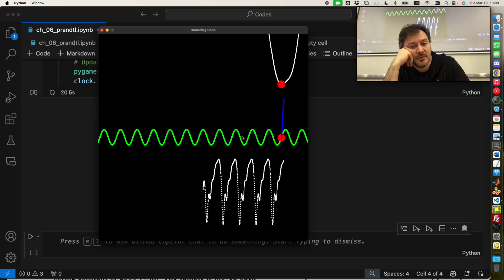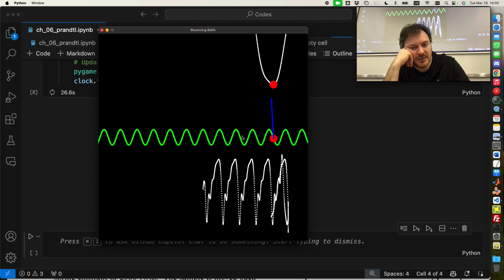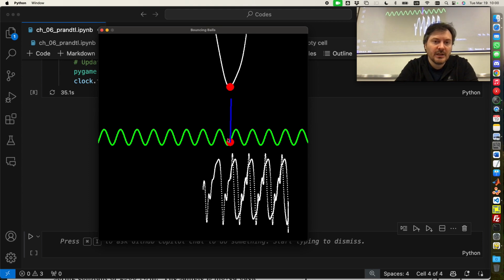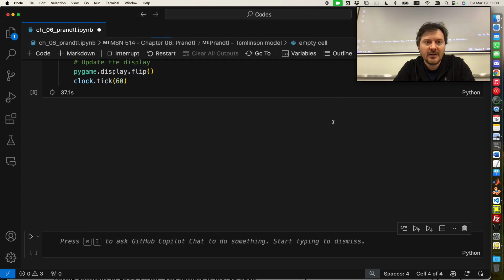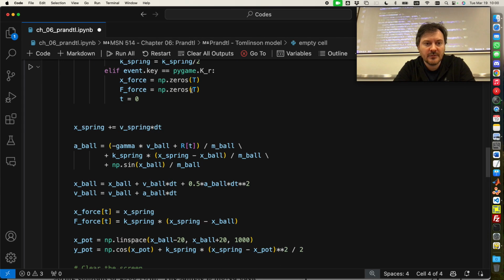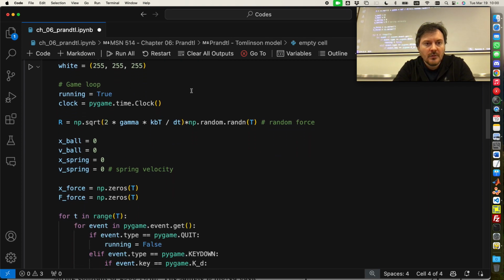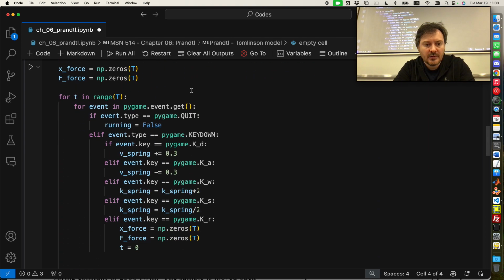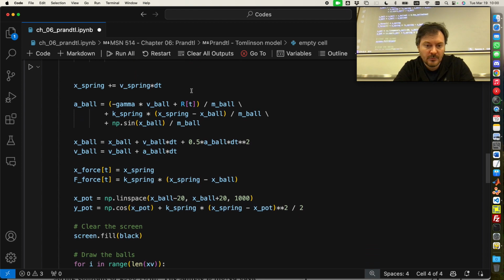So let me go backwards. You can see that when you go backwards, it's more or less going over the same path. I realize how I can make it smoother. I can go with less velocity. It will be boring.